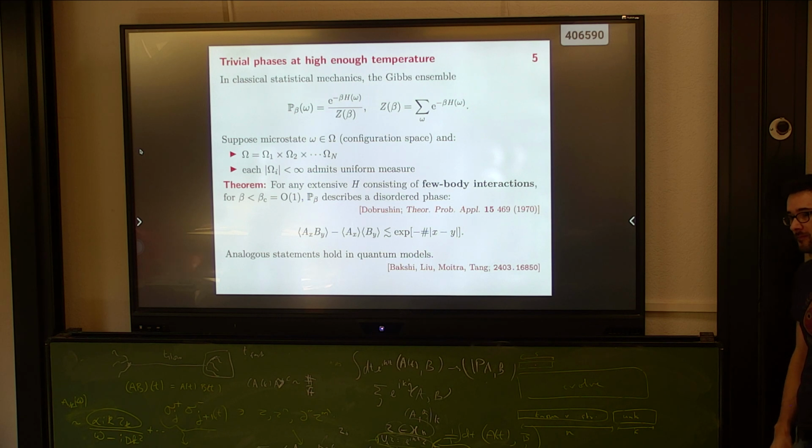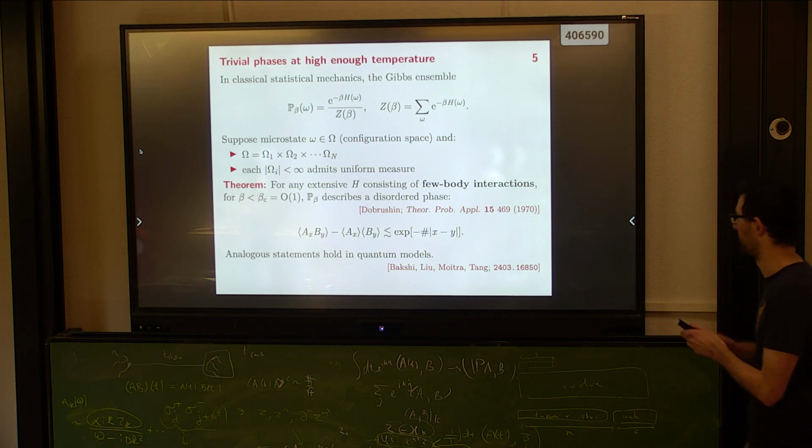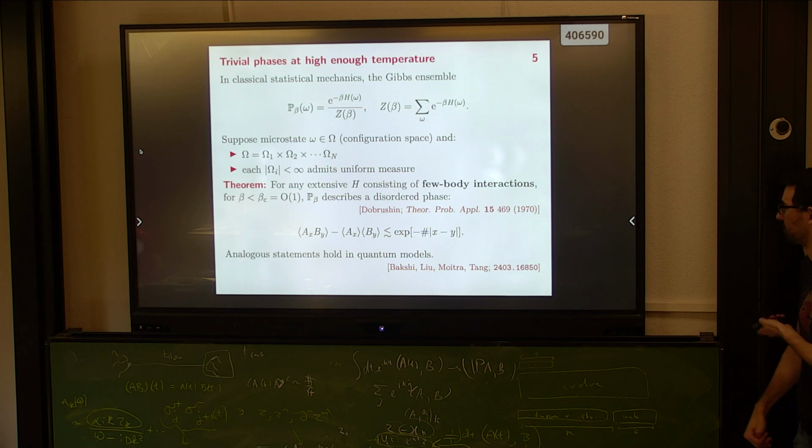And this is just a correlation function, but what typically is proved is that when you look at basically any observable, you prove mixing properties, which is a very strong form of disorder. Yes, that's also true. We won't need that for this talk, but that's a true statement.